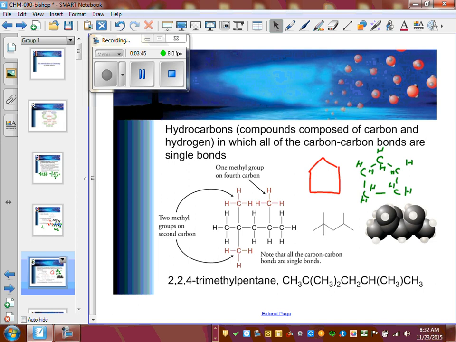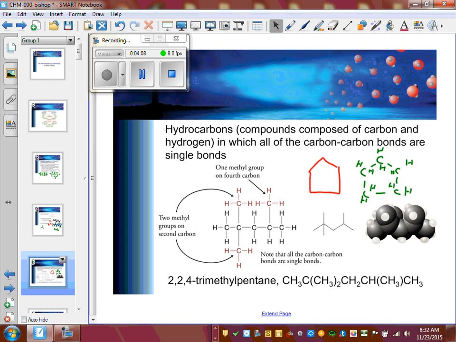So that would be pentane, A-N-E. These are all single bonds. And we have a CH3 group attached here, here, and here. Those are called methyl groups, and we'll get into that. It turns out they're in the 2, 2, 4 position. So this is 2,2,4-trimethylpentane.